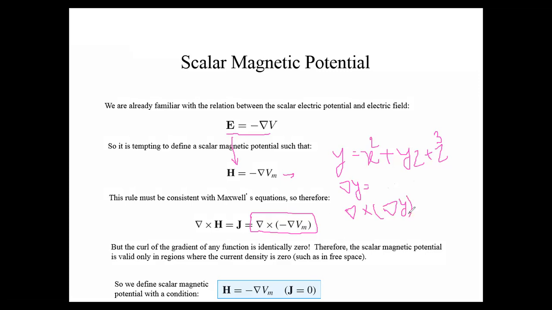You can recall, I have told you that the gradient of any scalar is always a vector, yes or no? So the curl of this gradient is always zero. You may take any function and check it whenever you are free, for practice, that the curl of a gradient is always zero.